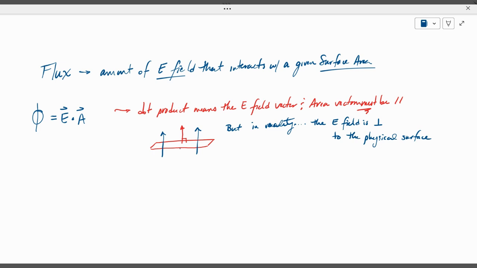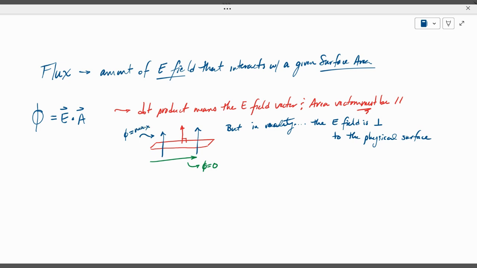And if you look, they're the ones that actually cross through the physical surface area that you're looking at. If I were to have an electric field line that was going this way, it would not be intersecting with that surface. It would go right alongside it. And it was also perpendicular to the vector representing the surface, so no flux. So here, our flux would be 0. And for these guys, our flux would be max.